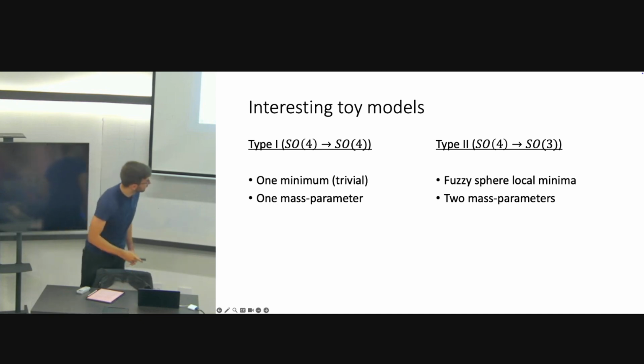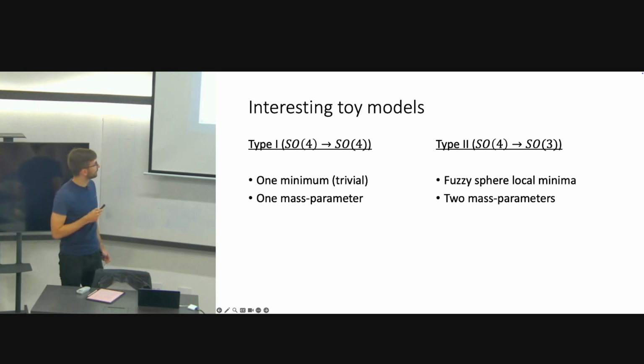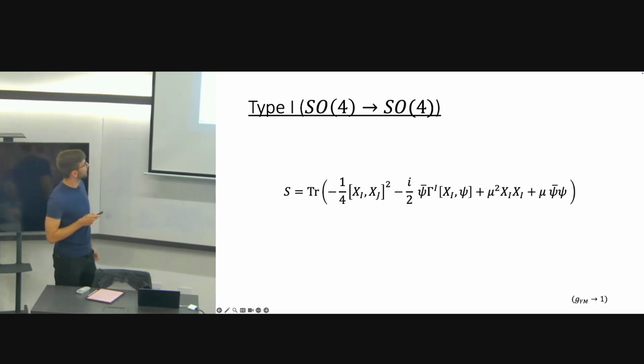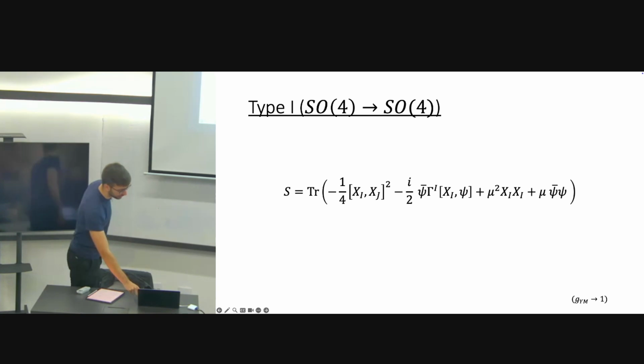So let me write the actions to be more specific. For example, the SO(4) model. The type 1 model has the following form. If I want to write a mass deformation, this is the first thing I would write, right? Mu squared x squared and mu squared psi squared. And it turns out that's one solution that has some 4 supersymmetries in 4 dimensions.